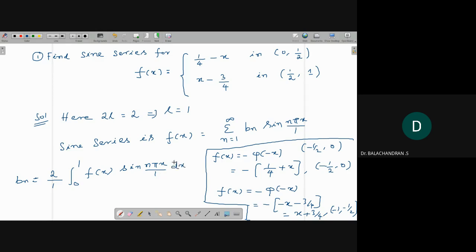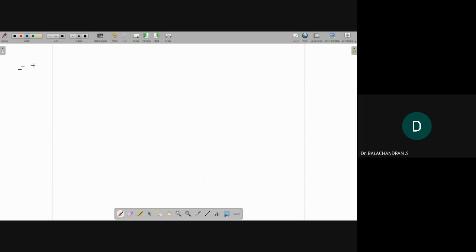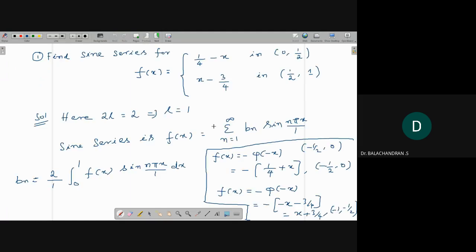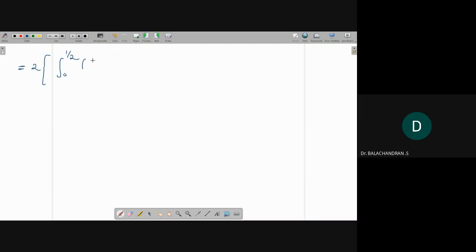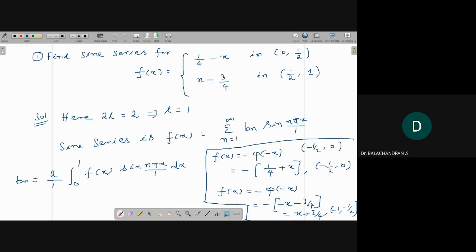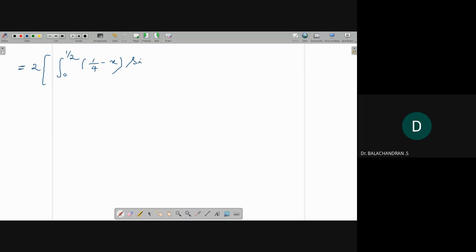Now the remaining part is you need to substitute. You should split it into 0 to half and then half to 1, which is equal to twice integral 0 to half. In this interval the function is 1 by 4 minus x, into sine n pi x into dx, plus integral half to 1.